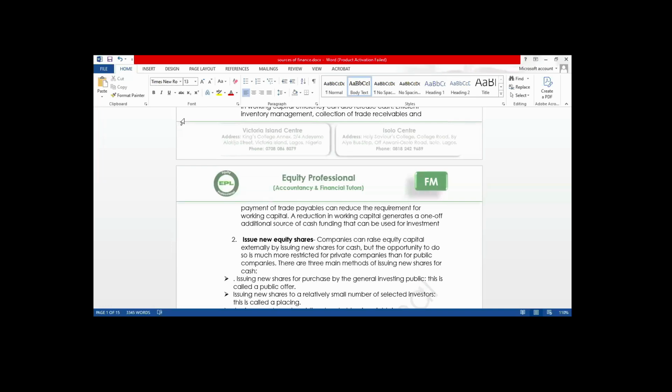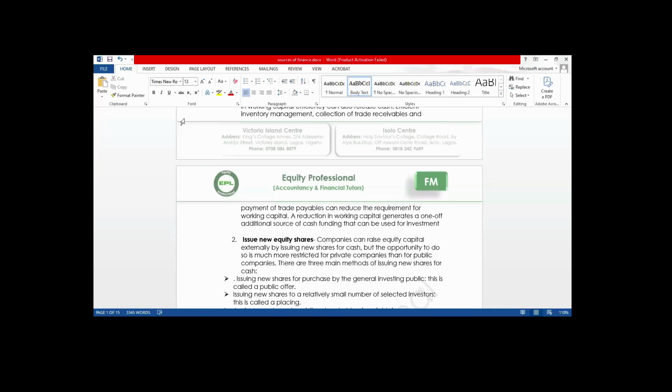What are the components of working capital? Your inventory, your trade receivables, your trade payables. Now, your inventory requires finance.